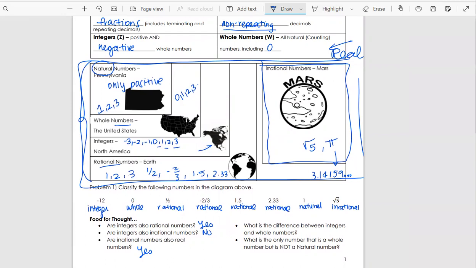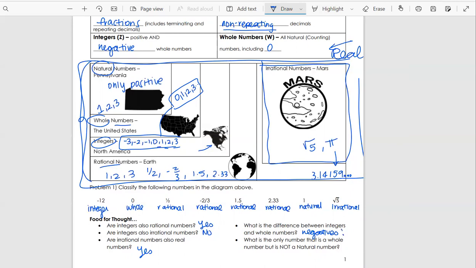What is the difference between integers and whole numbers? Well, let's check this out. Look at our list. Whole numbers, I've got 0, 1, 2, 3, and so on. Integers, I've got -3, -2, -1, 0, 1, 2, 3. What's the difference between these two? Negatives are the difference between whole numbers and integers.